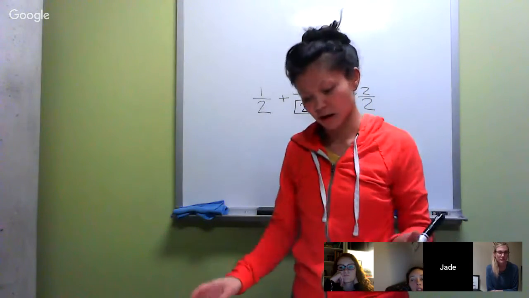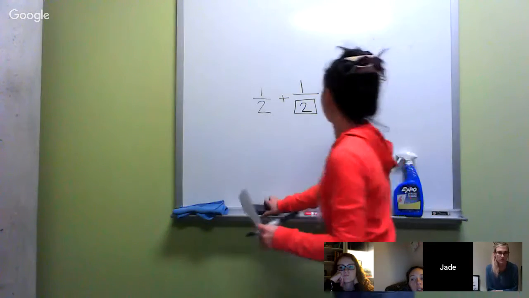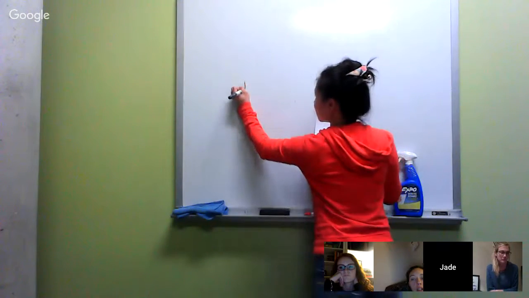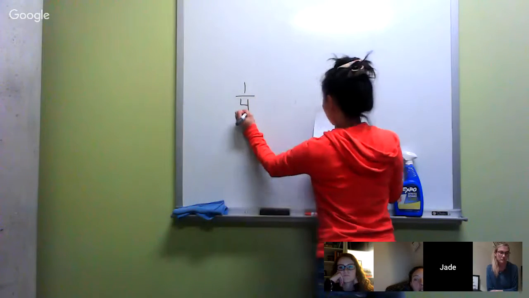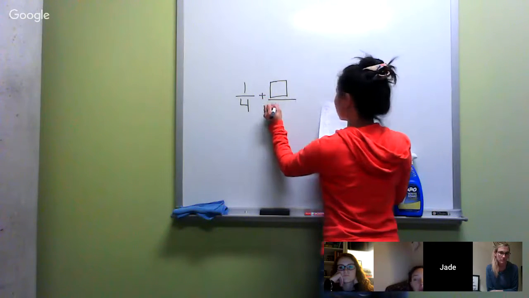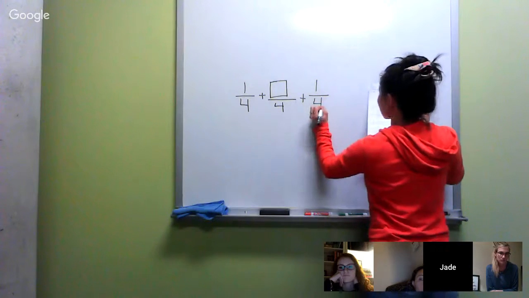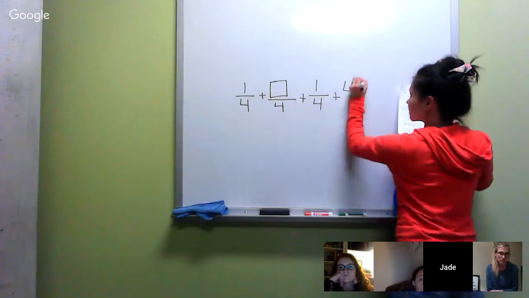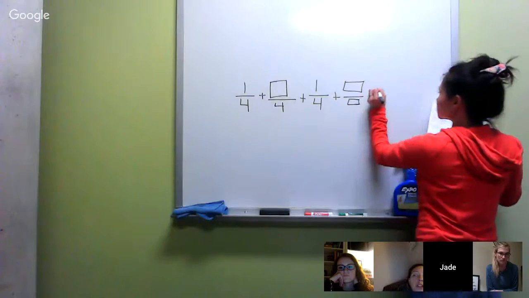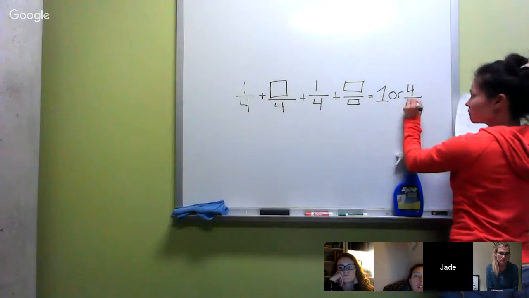So I want to do 3 different numbers that will be missing. So let's see. Let me erase this. And I'm going to write, okay, so we have 1/4 plus blank over 4 plus 1/4 plus a blank over a 4 equals 1 or 4 over 4.